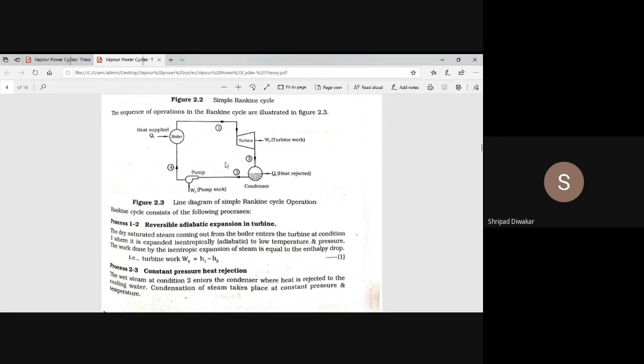So the net work done is WT minus WP. In case of a gas turbine you take WT minus WC. In a vapor power cycle, instead of the compressor we use the pump, so net work done is WT minus WP.